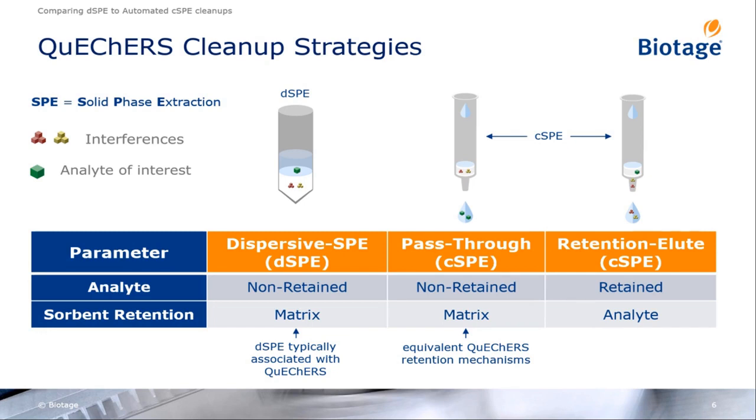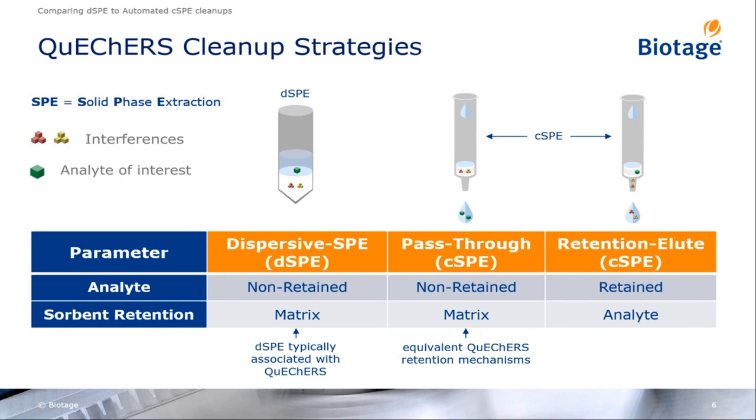And this is typically done by SPE, or solid phase extraction. The goal of this is to remove any interference compounds or material from your extract, leaving only the analyte of interest in the final extract.